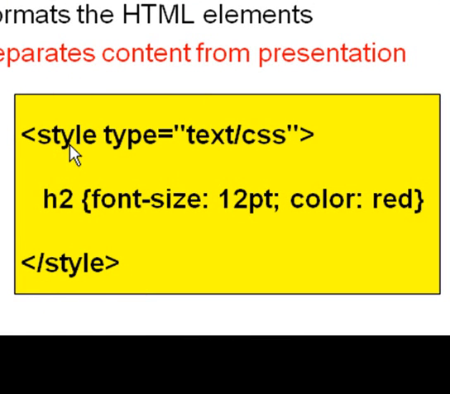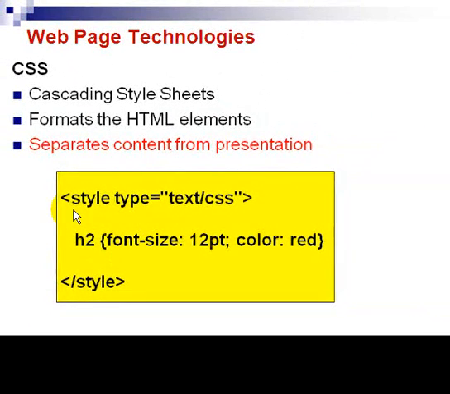We have an HTML style tag, an ending style tag, and we have some CSS rules applied to our H2 tag from the previous example. This allows us to put the formatting in one section so that we are more free to work with the data.